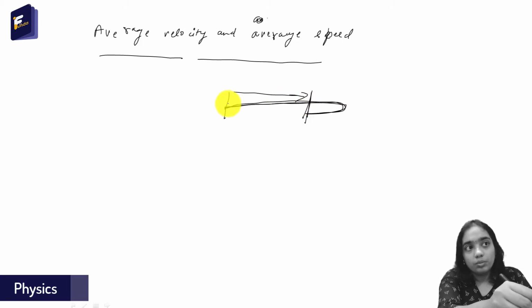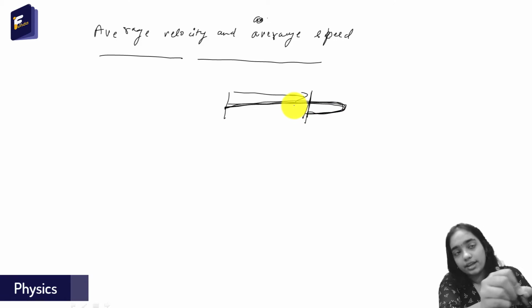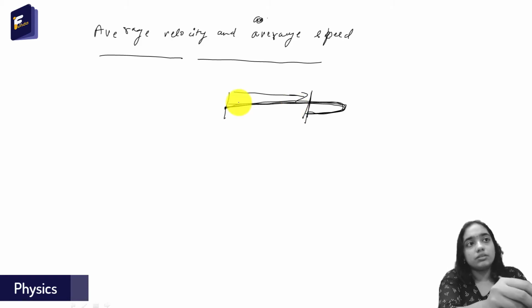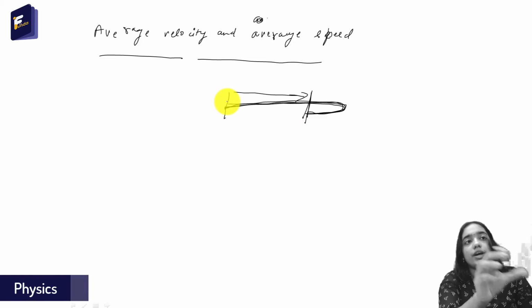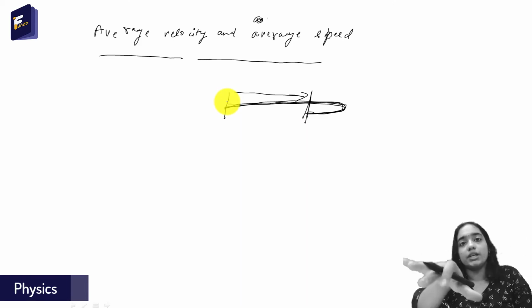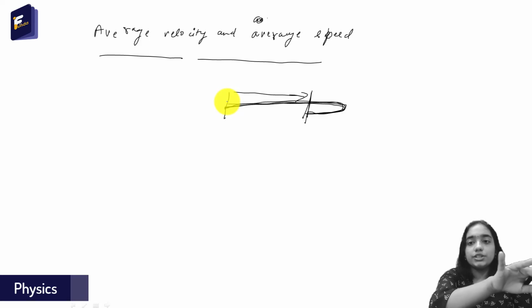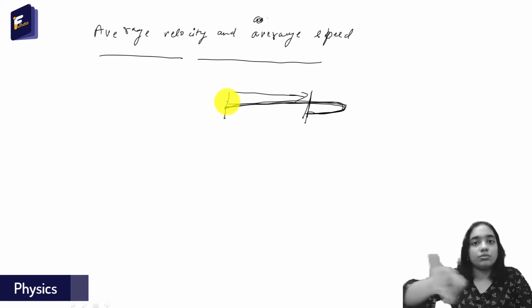But this whole path is the distance. All the path it has covered, the path length, is the distance, and the final position minus initial position is the displacement. That means where it is displaced. You can think like that to remember how much it displaced from the initial position.